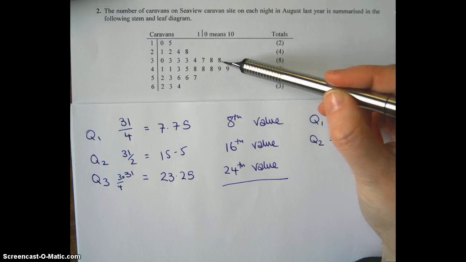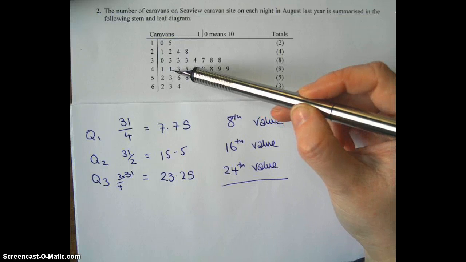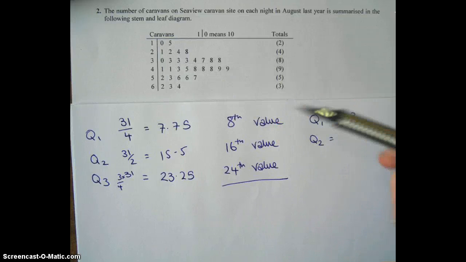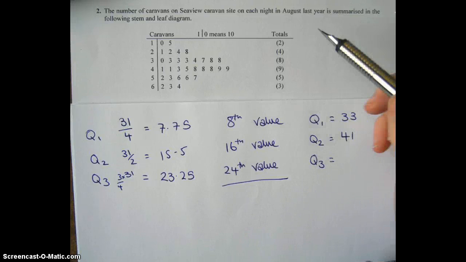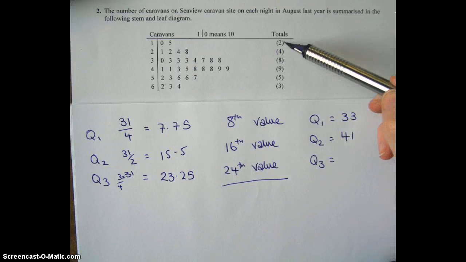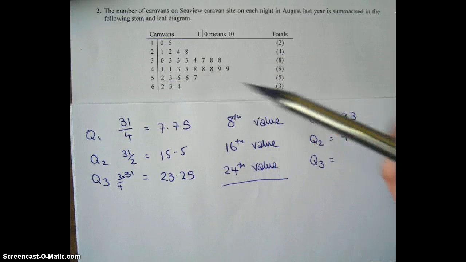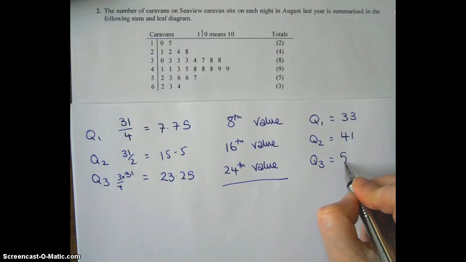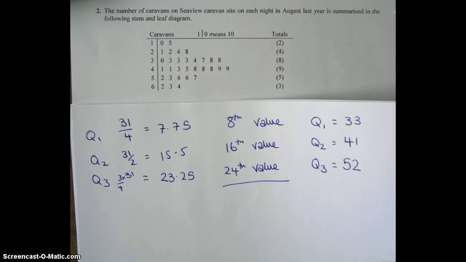So up to there, that's the 14th. 15th, 16th. Here, so that's 41. So Q2 is 41. Q3 is the 24th, so if I do the same again, 23 is there, so the 24th must be this value, which is 52. So that's part A. Your 3 quartiles are 33, 41, 52.